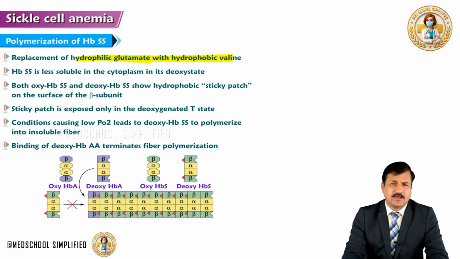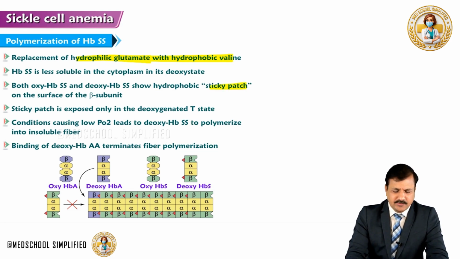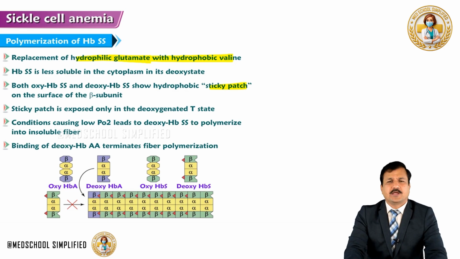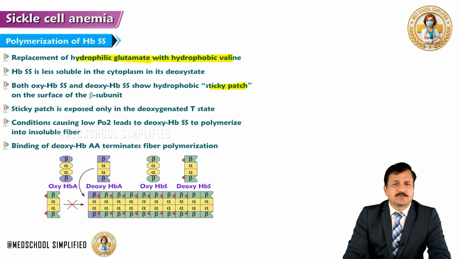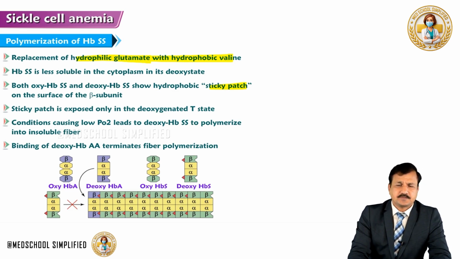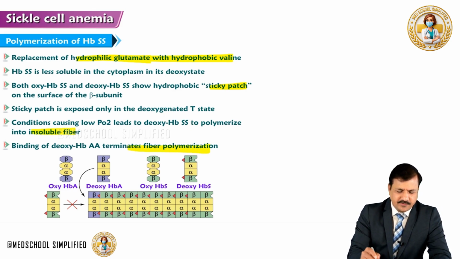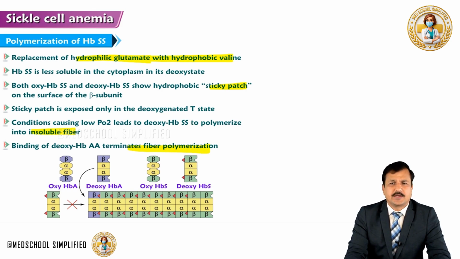Because of this exposure of valine only in the deoxy condition, it acts as a sticky patch and interacts with other hydrophobic amino acids exposed during the deoxy condition, making an insoluble fiber. This insoluble fiber leads to polymerization of the hemoglobin molecule only under deoxy conditions.